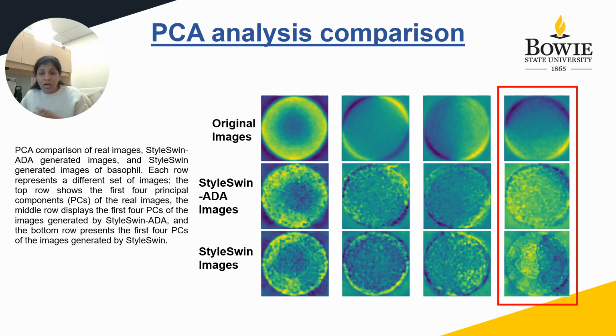So here you can see the fourth component feature distribution on original images is almost similar to StyleSwin-ADA images, but it is totally different from the StyleSwin images. So it shows that StyleSwin-ADA images are generated better compared to the StyleSwin images.